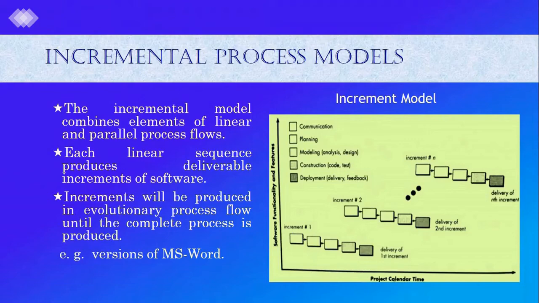When an incremental model is used, the first increment is a core product. After evaluation of the core product by the customer, based on the additional requirements, a plan is developed for the next increment. This process repeats until the complete product is produced.